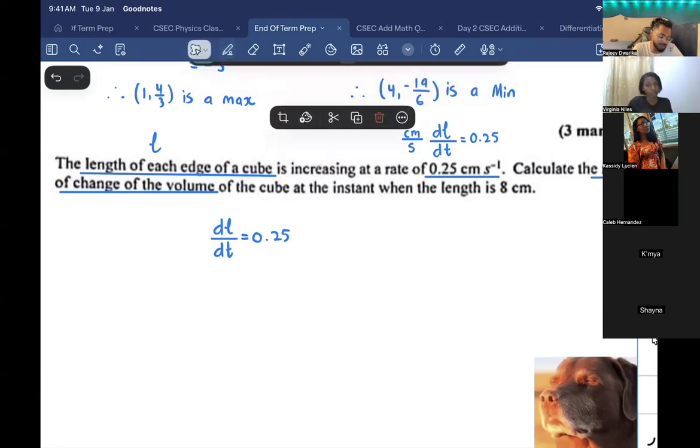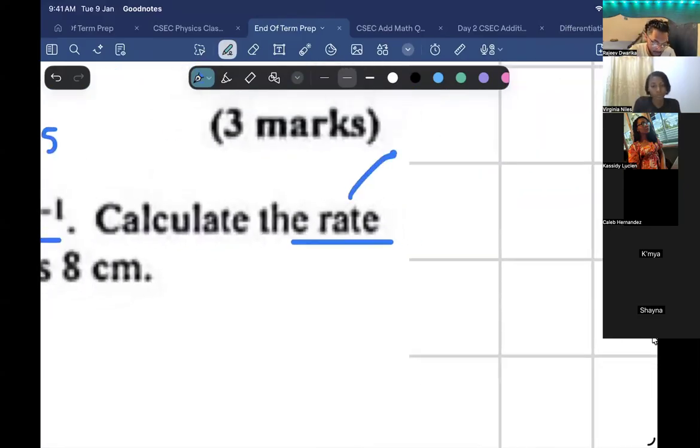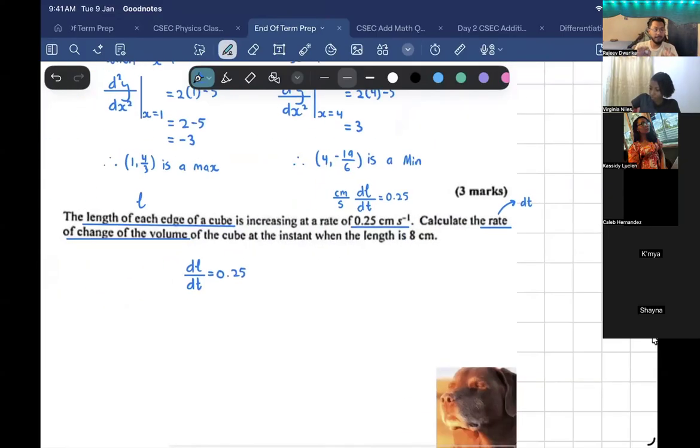You measure rate using time. Anytime you see rate, just know that time is implied. It's changing with respect to time.